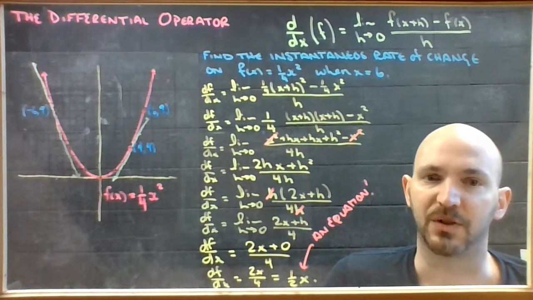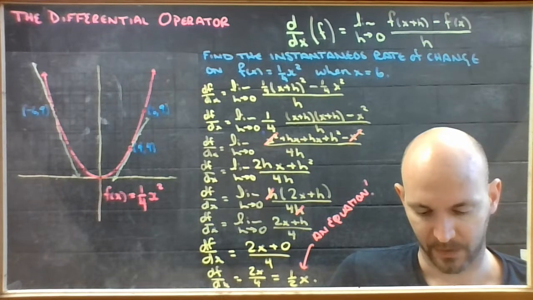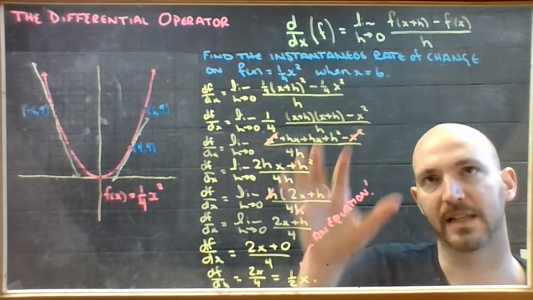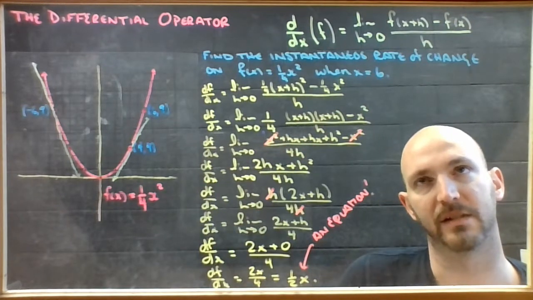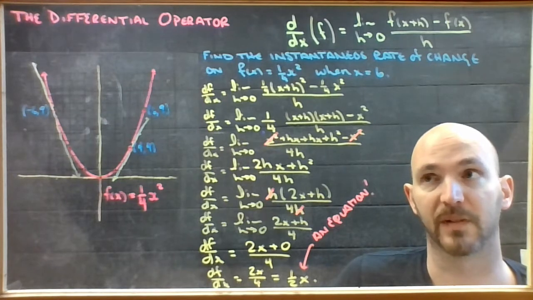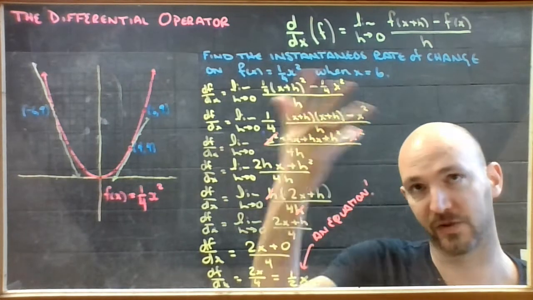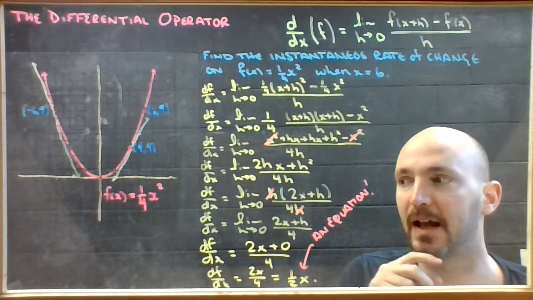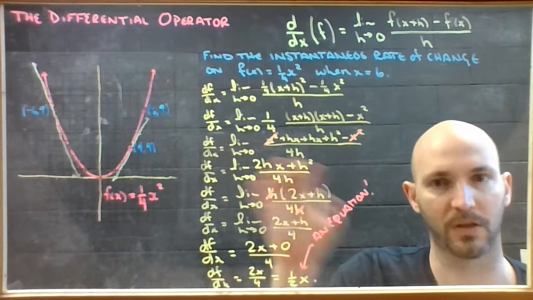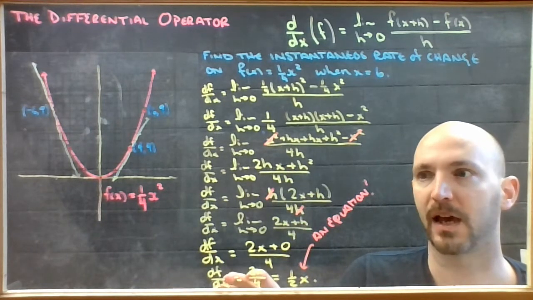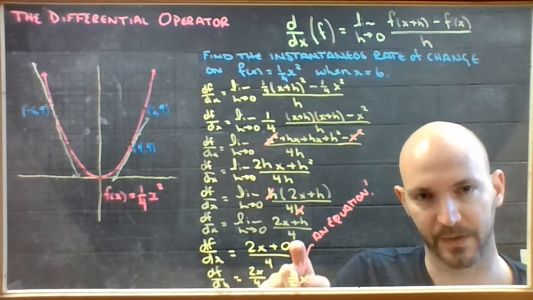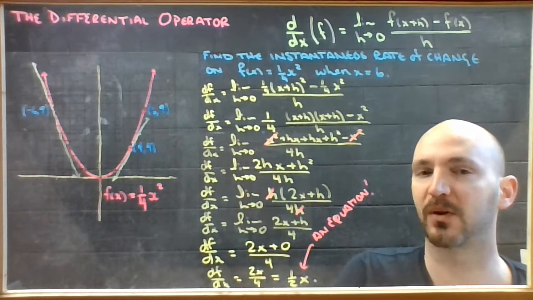So what we're going to do in calculus here is we're going to take this idea, the first principles derivative, which is essentially the instantaneous rate of change, and we're going to apply it to all of the base functions. And we're going to get little rules for this so that we never have to do this process again.